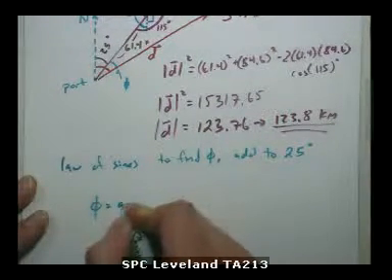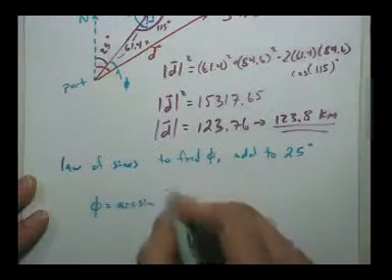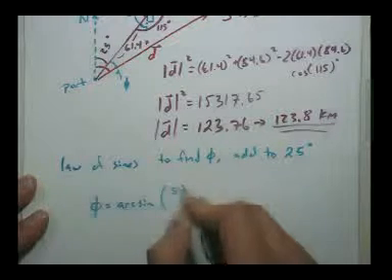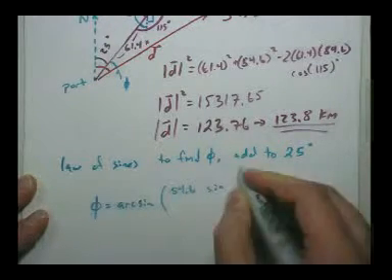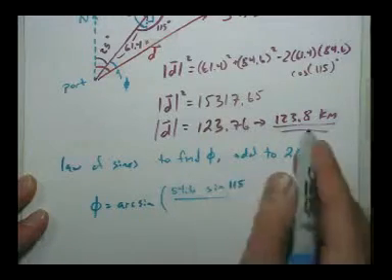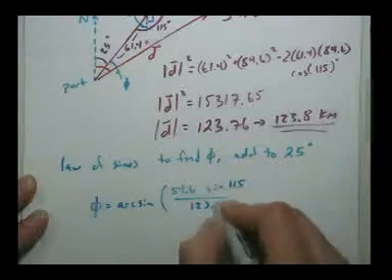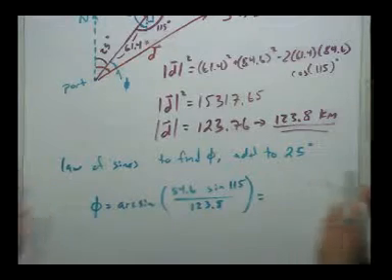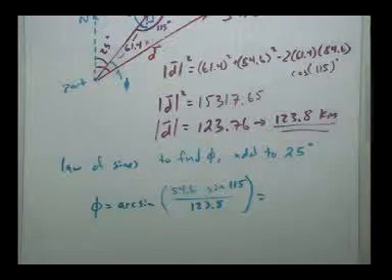So, we'll have the arc sine of 84.6 times the sine of 115 all over 123.8. And we punch that in.